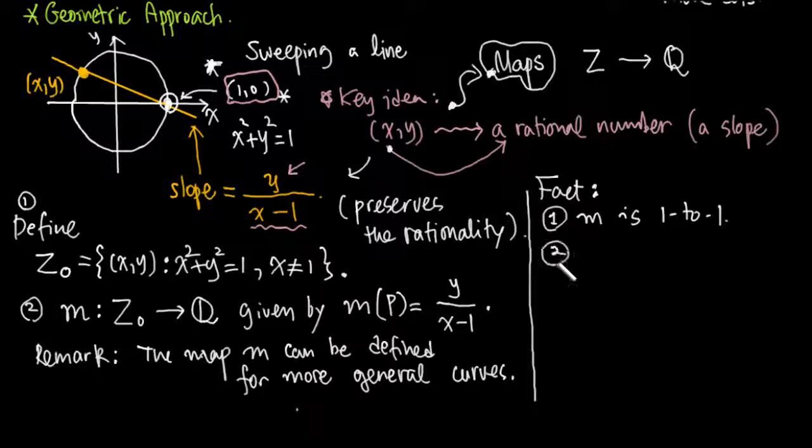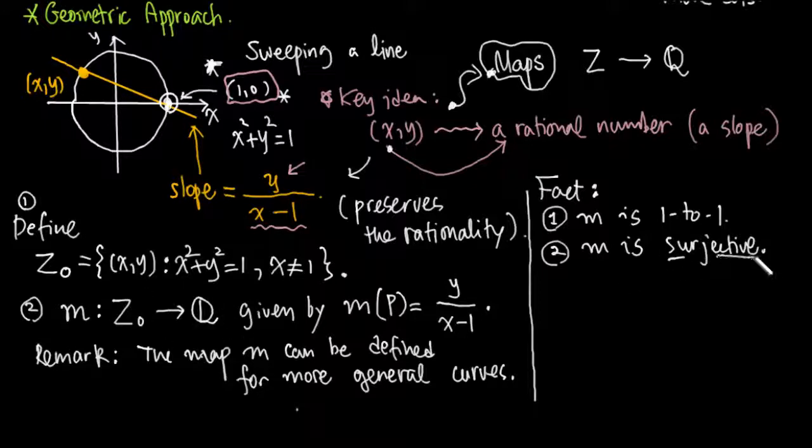The more interesting part is that this function m, which associates a slope to each point, is also surjective. One-to-one and surjective indicate that this map is bijective. I didn't really explain what surjective means.